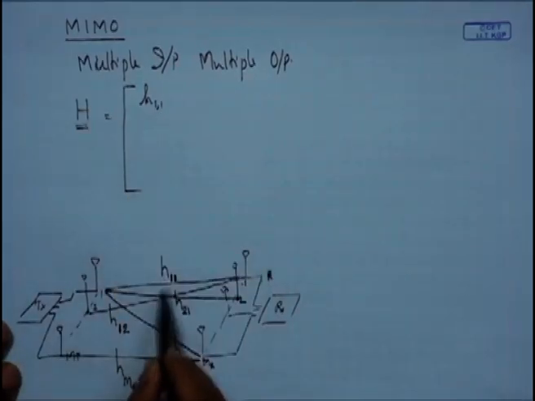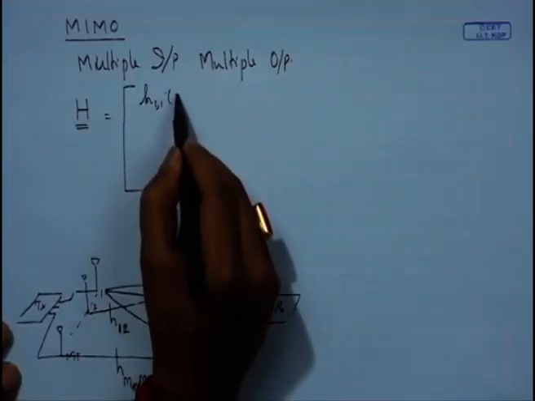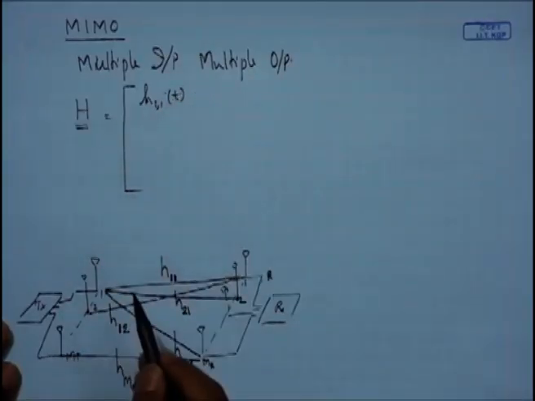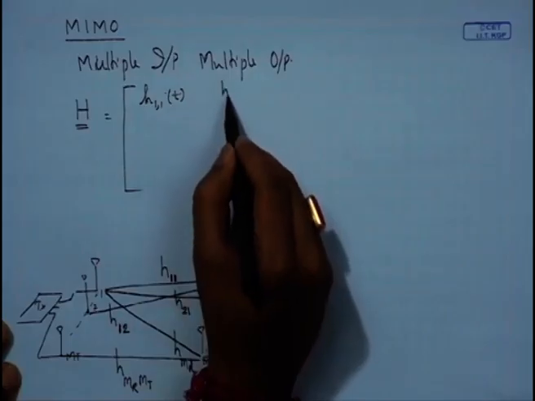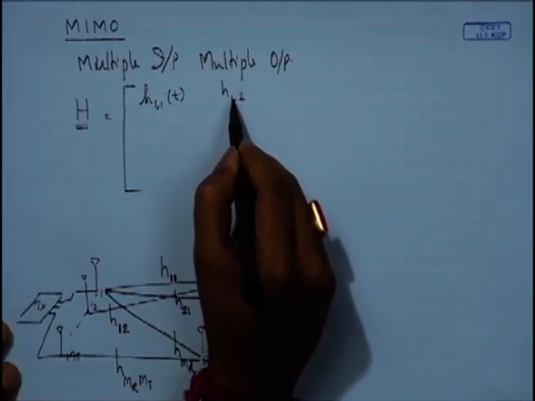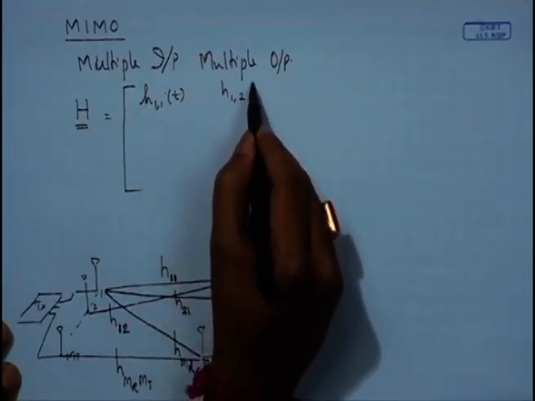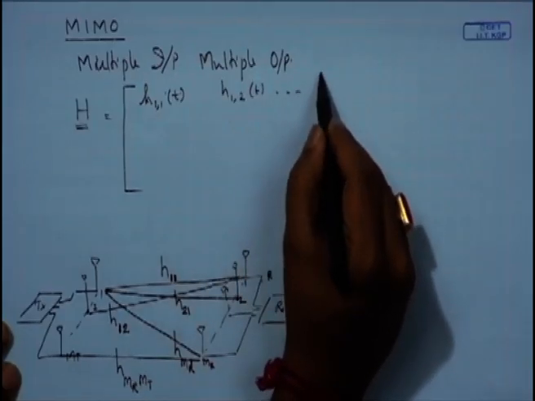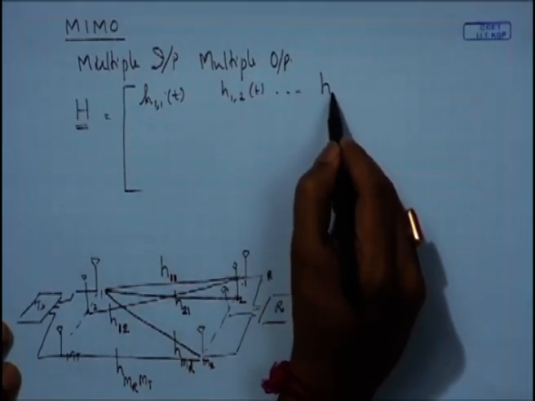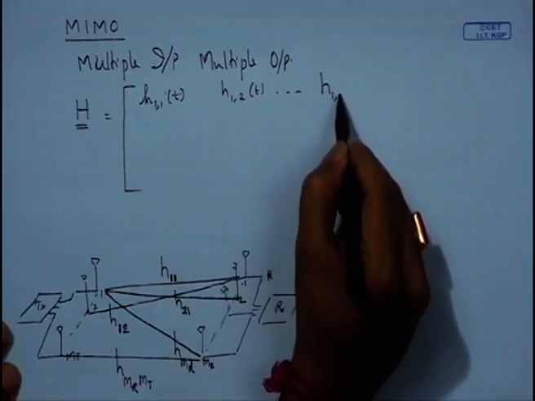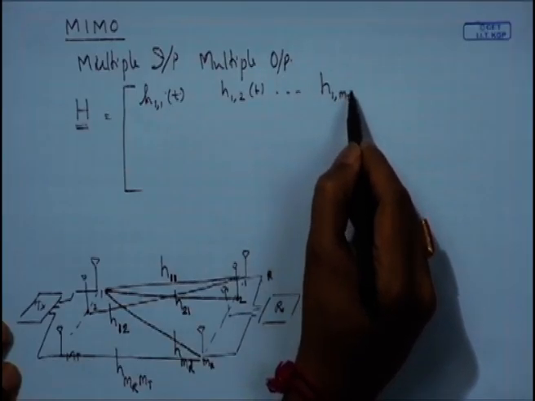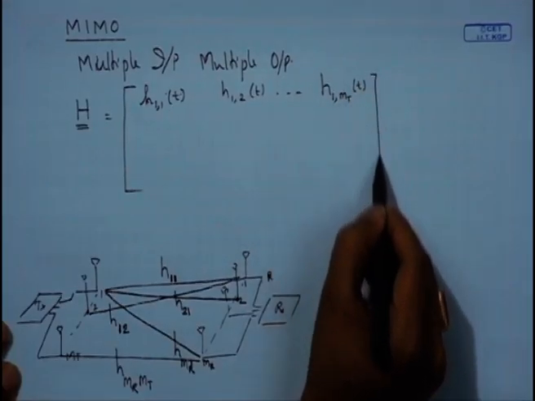So here H11 means this particular link, it is tau comma t, I can simply write H11 of t, and then H1 comma 2, which would mean received in antenna 1, transmitted from antenna 2, of t, and so on up to received in antenna number 1, transmitted from antenna number MT, function of time.